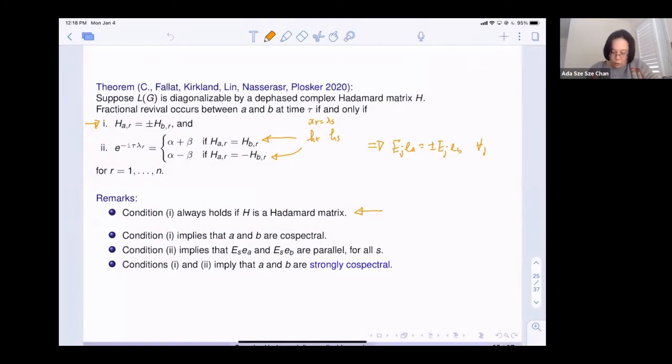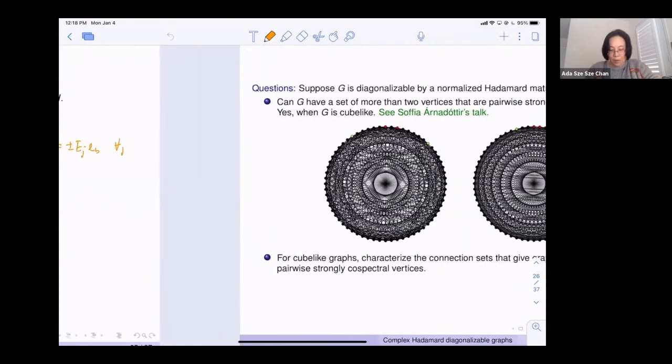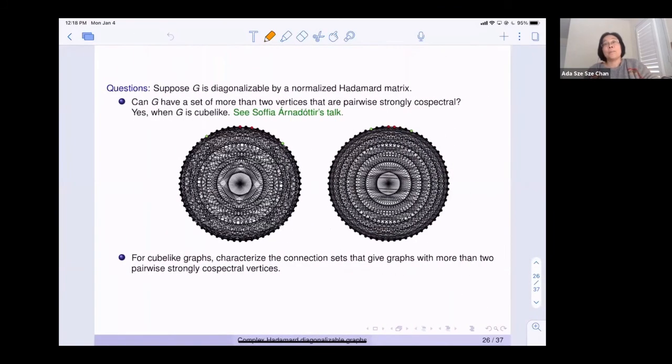So another question is, if I have a Hadamard matrix, is it even possible to have more than two vertices that are strongly cospectral with each other? I was having my sabbatical in 2019 to 2020, and starting in about the fall, Harmony and I started going to Waterloo every week.